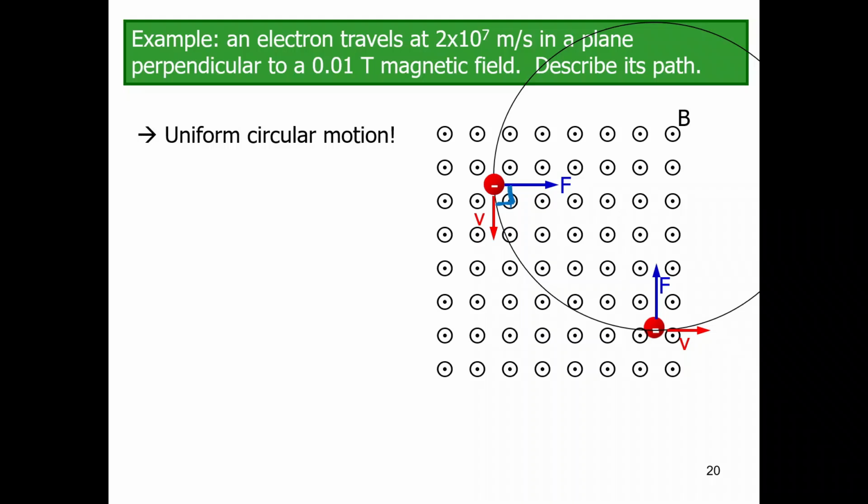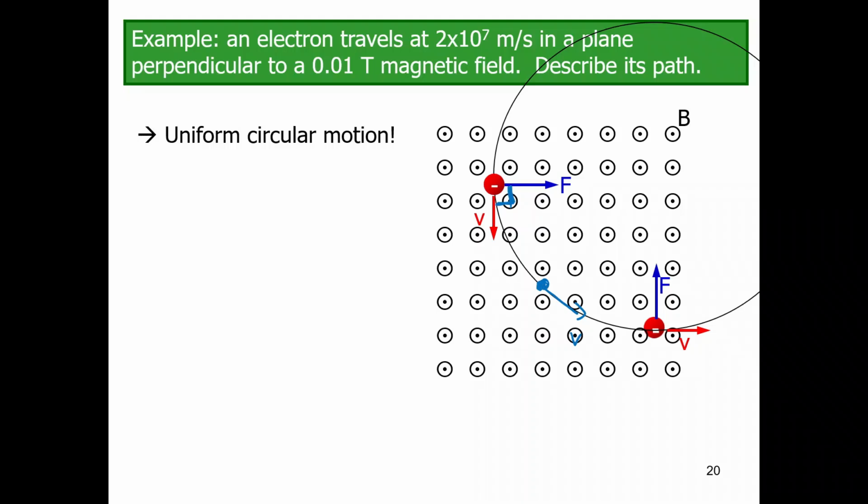Well, we know it's perpendicular at that instant, but what happens as it moves? If you were to pick any section around the circle, as that starts to move, that force is always going to end up pointing perpendicular, in towards the center of that circle. So if I pick this one that I drew right here, my fingers would point down and to the right.